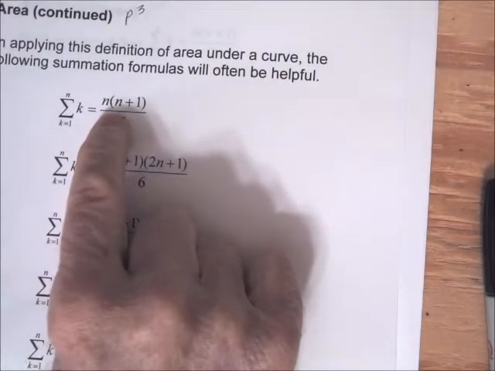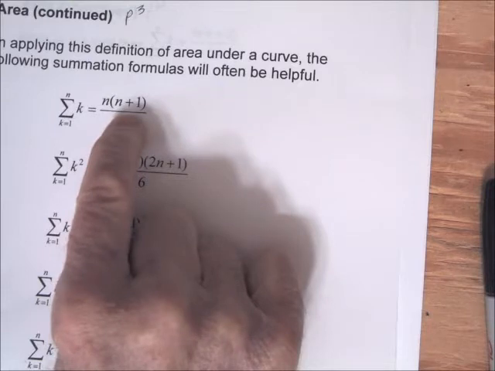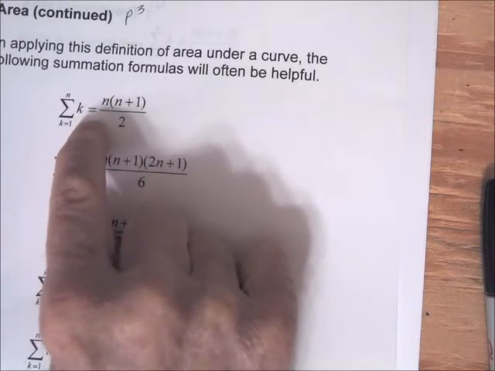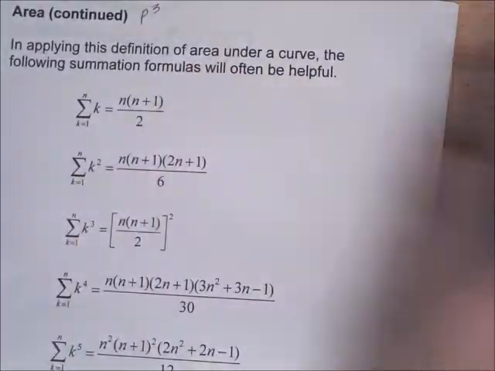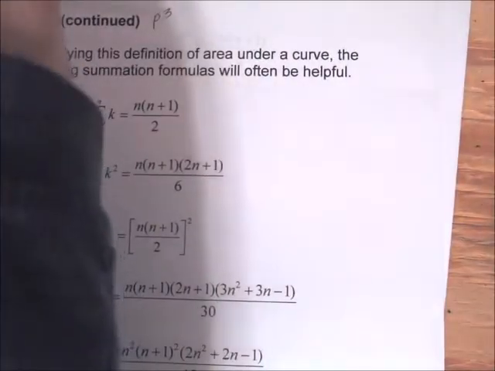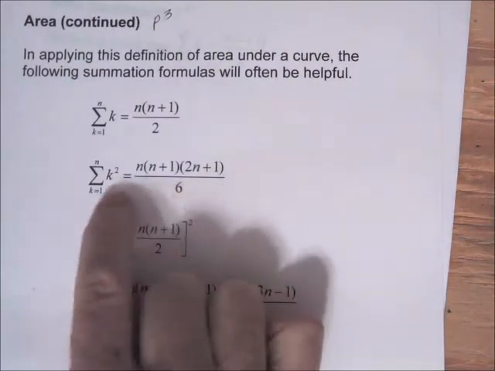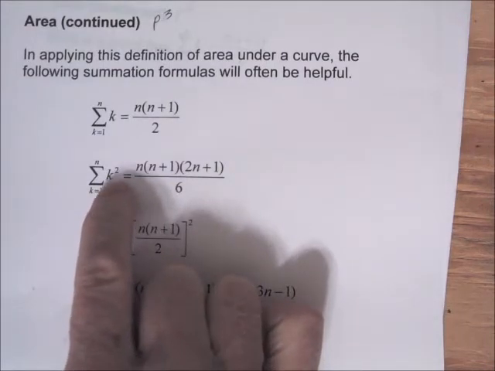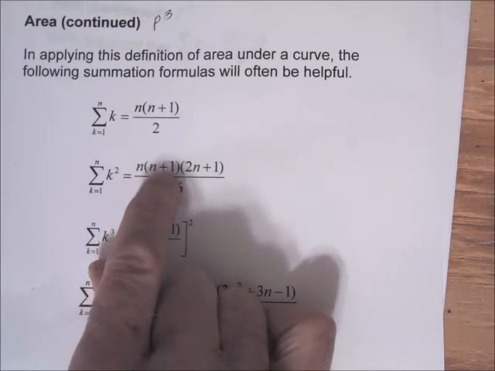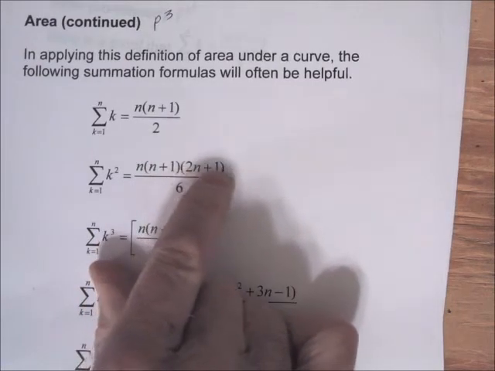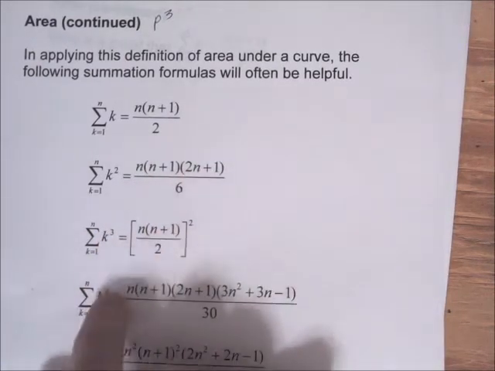The summation as k goes from 1 to n of k, the shortcut formula for that is n times the quantity n plus 1 over 2. The shortcut formula for the summation k equals 1 to n of k squared is n times n plus 1 times the quantity 2n plus 1, all over 6.